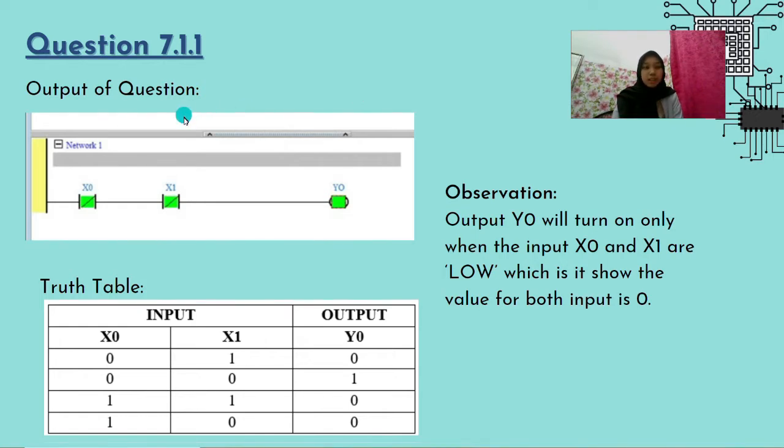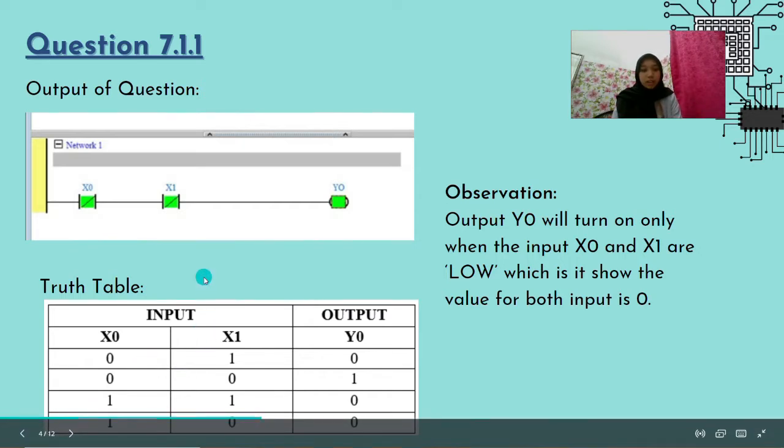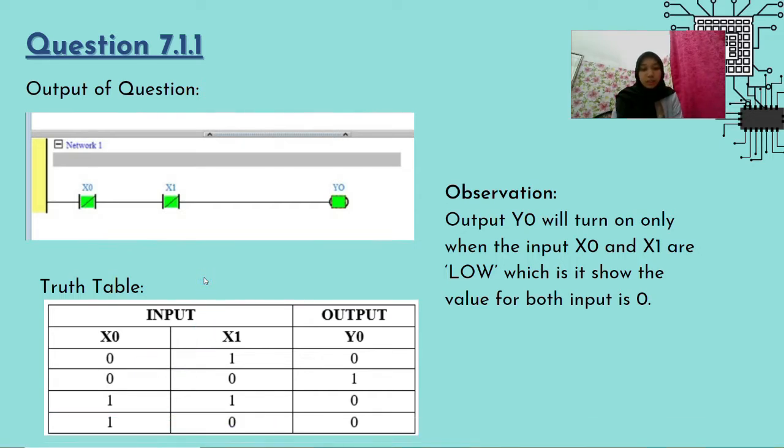So this is the output of the question for x0, x1, and the output y0. Here is the truth table for input x0, which is 0011, and x1 1010, and for the output y0 we got 0100.